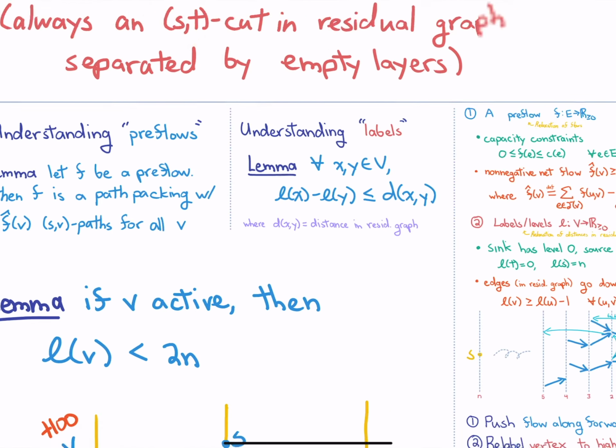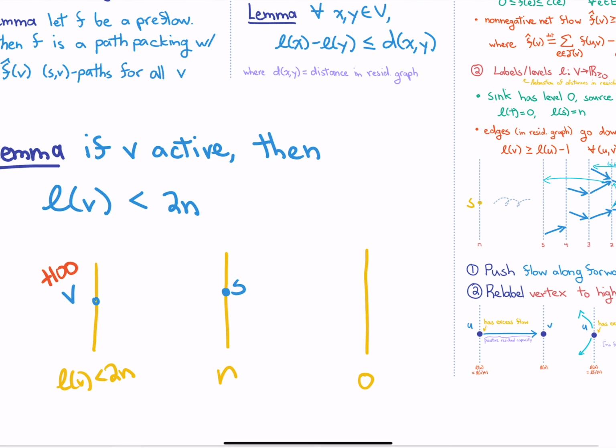So if there's a flow path, that means that S is sending some amount of flow to V. That means in the residual graph, there has to be a path from V back to S, reversing all those edges with flow on it, because I can always push back flow.